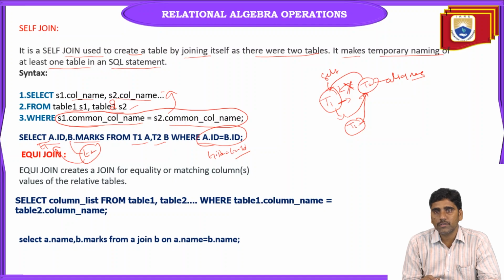Equijoin. So equijoin indicates what? It creates a join for equality, or matching column values of the relative tables.